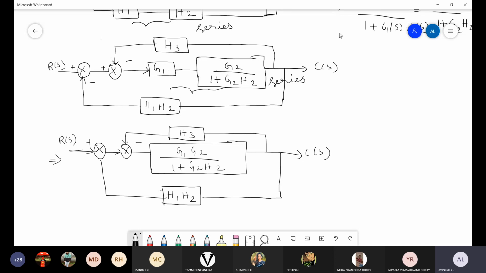Now after reducing to this particular thing, we can see that this forward path and this is the backward or feedback path, and the summing element will contribute to you the minor feedback loop.